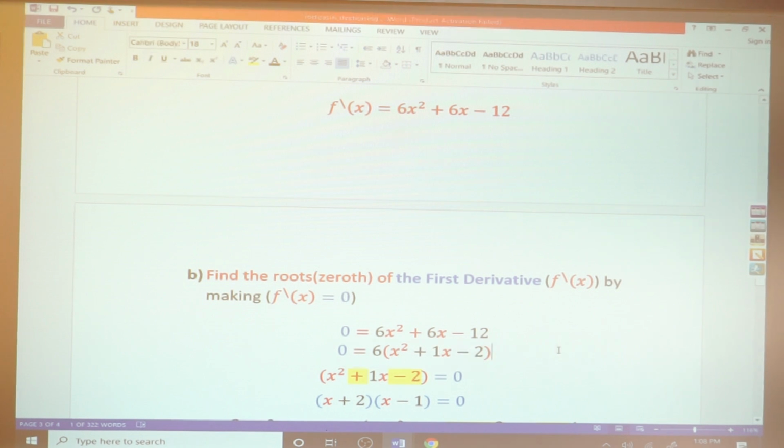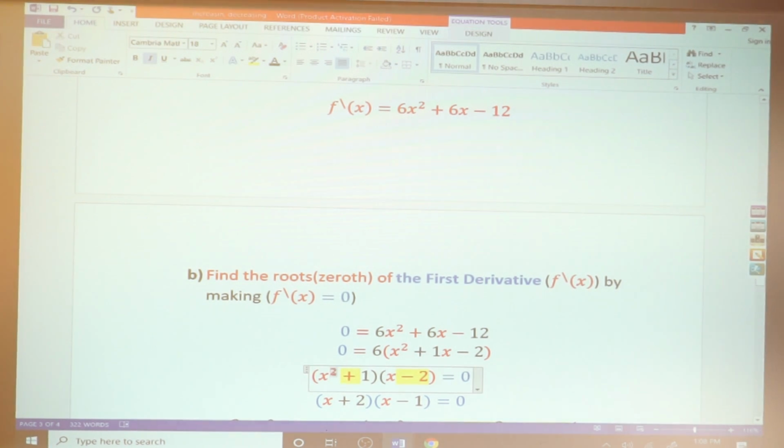Multiply to negative 2, add up to 1. These 2 numbers are easy.